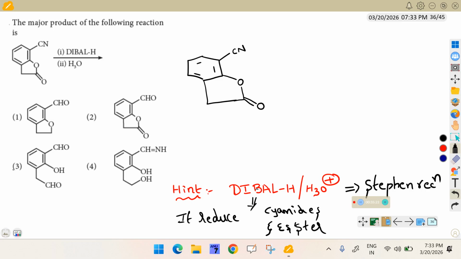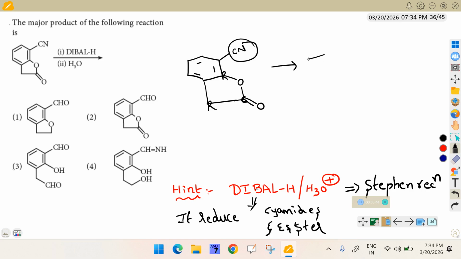The major product of the following reaction. DIBAL-H is used, the Stephen reaction. It reduces both the cyanide group as well as the ester group. This looks like RCOOR, an ester.